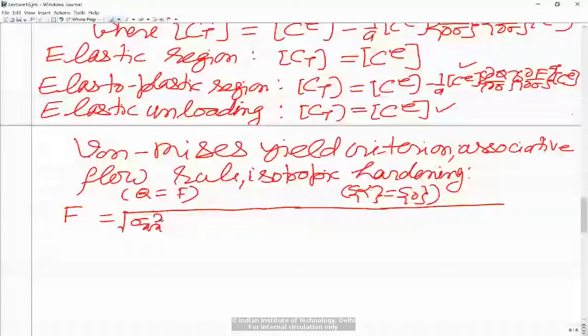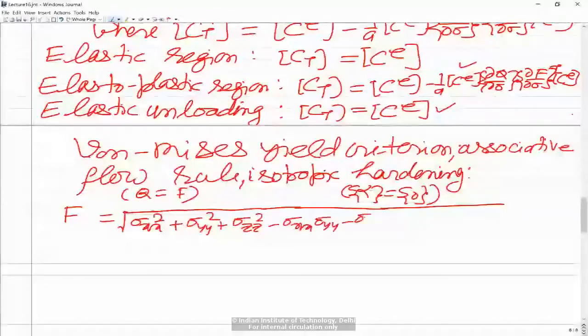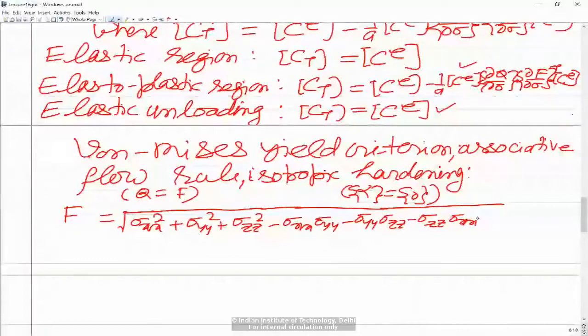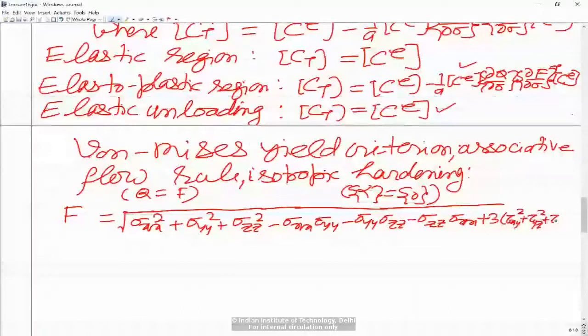So it's sigma xx square plus sigma yy square plus sigma zz square minus sigma xx into sigma yy minus sigma yy into sigma zz minus sigma zz into sigma xx, plus 3 times tau xy square plus tau yz square plus tau zx square.